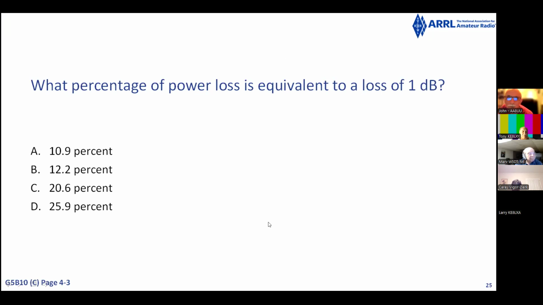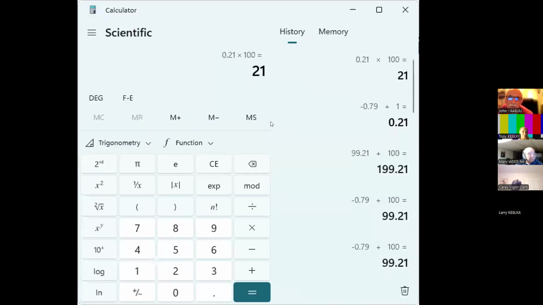There's the 21. So there you go. It's 1 dB loss. So that's a -1. But then you have to divide it by 10. So let's start there.